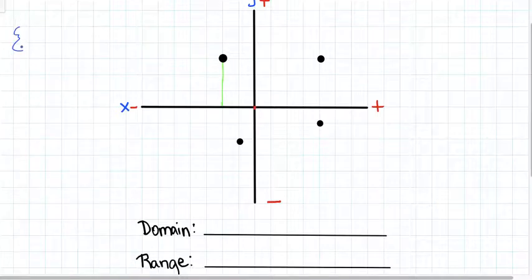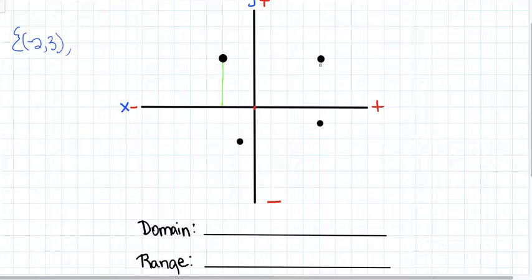You don't have to do this if you don't want to, but that's the way we're supposed to do it. So -2 on the X, and then we go up 1, 2, 3 to get to that point on the Y-axis. We're going up, so it's positive: +3.